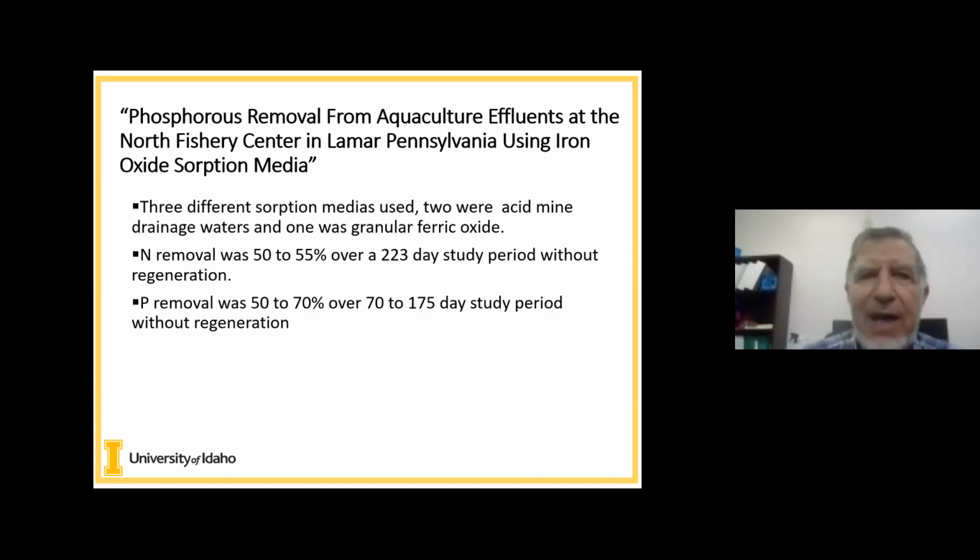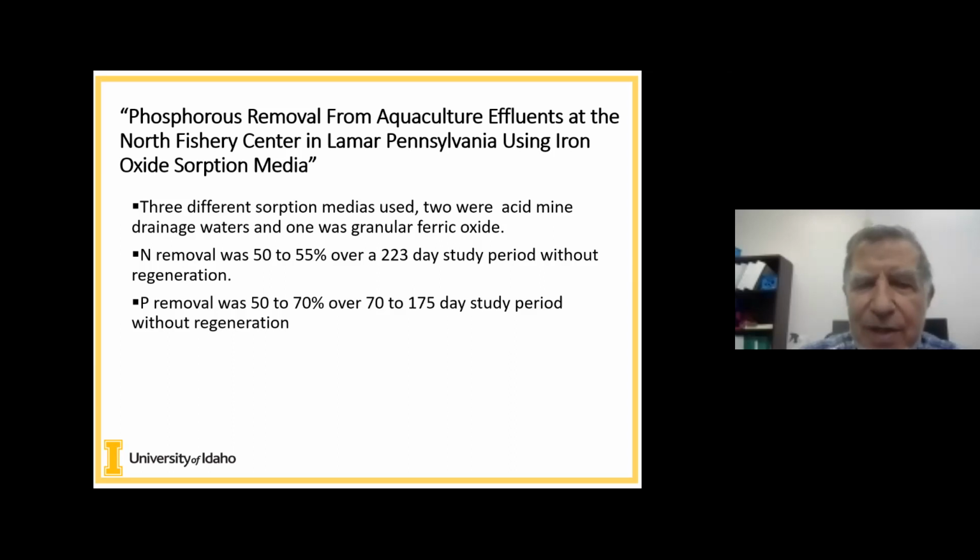Our next RPA is entitled Phosphorus Removal from Aquaculture Effluents at the North Fisheries Center in Lamar, Pennsylvania, using iron oxide sorption media. This research involved 3 different sorption medias, 2 of which were acid mine drainage waters, and 1 was granular ferric oxide. I have to assume the mine drainages were coal mines, since that is a big deal in the Pennsylvania region.